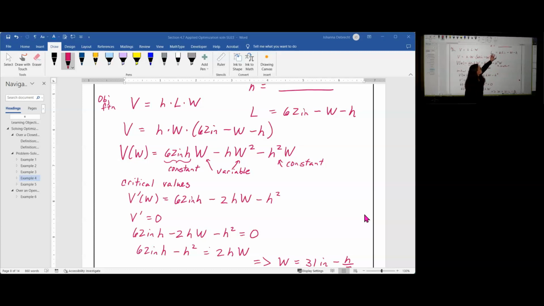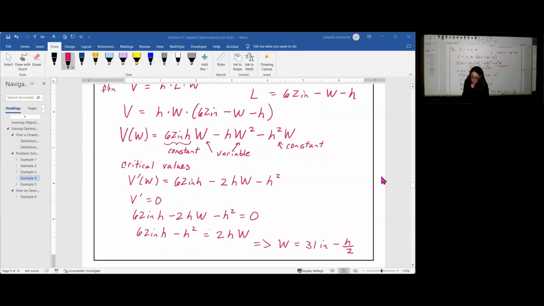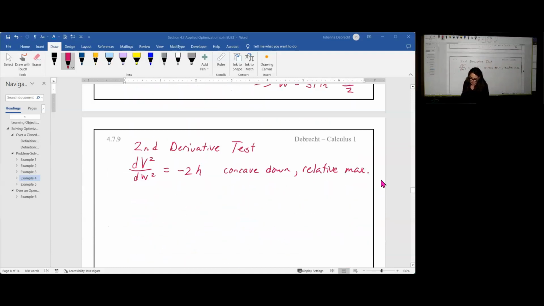I come here to the constraint equation, which says the length is 62 inches minus W minus H. Let's write this down below so we can work from it. The length is given to be 62 inches minus W minus H. Again, it was set up as less than or equal to, but we want the maximum volume.